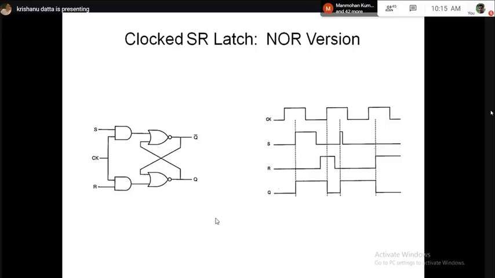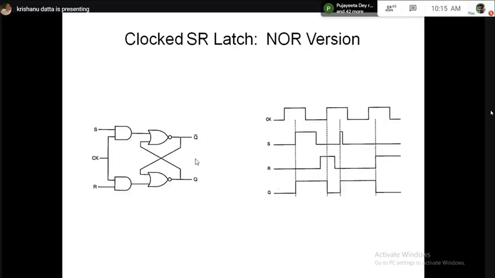It has to be synchronous with clock. So clock is an important primary pin for that particular circuit. If I want to implement a data latch using a clocked SR latch, then we can do it by one simple change in this circuit.